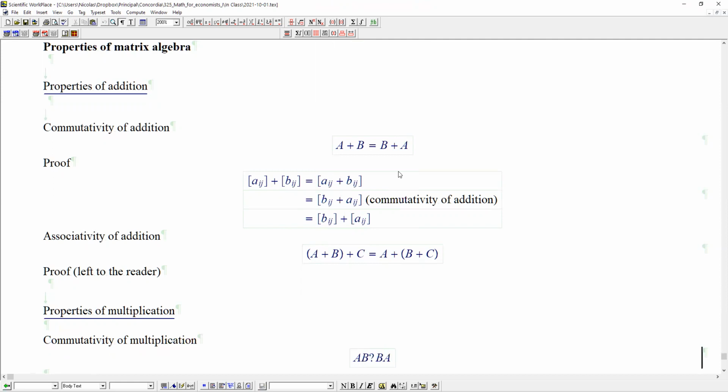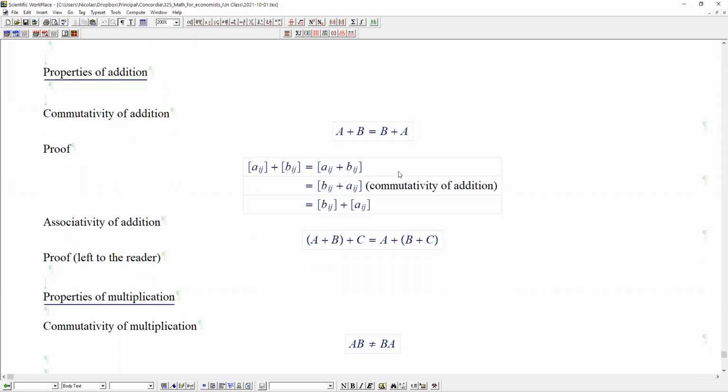Yes, no, maybe. No. Good. So no. So to prove a negative, it's much easier. All you have to give is a counterexample. So counterexample.